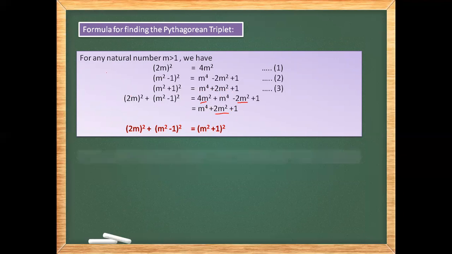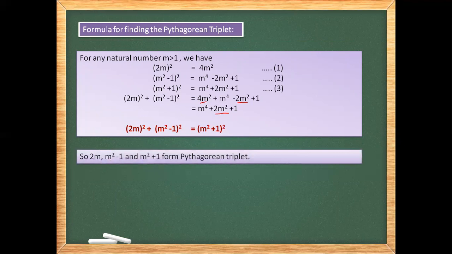So 2m, m square minus 1 and m square plus 1 form a Pythagorean triplet, and using this, if we know one of the numbers, we can find the other two numbers which form a Pythagorean triplet.